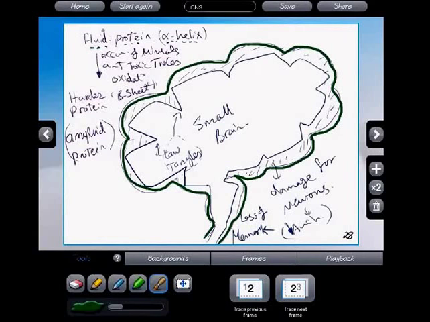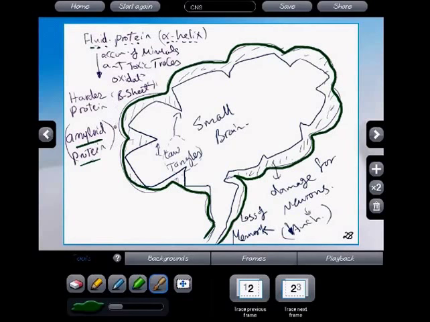Alpha helix is characterized by its fluidity, but the beta sheet is a harder protein that we call amyloid protein. So when the protein changes from alpha helix to beta sheet, from more fluid to more hard, that is called amyloid protein.